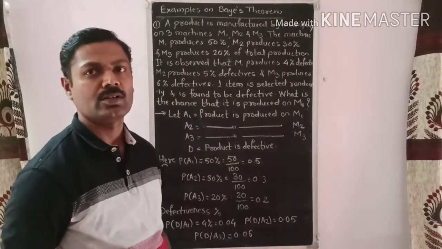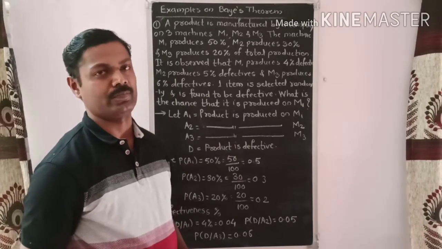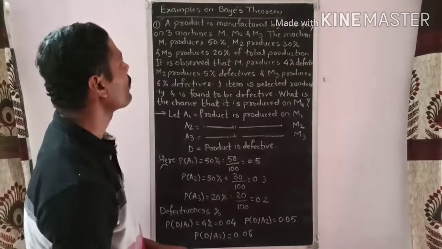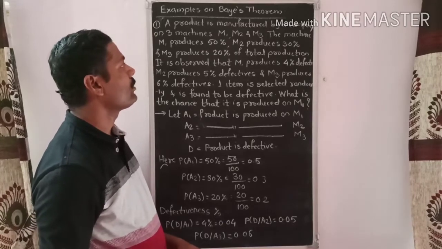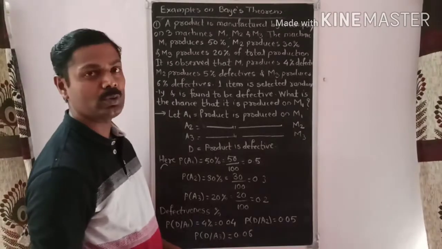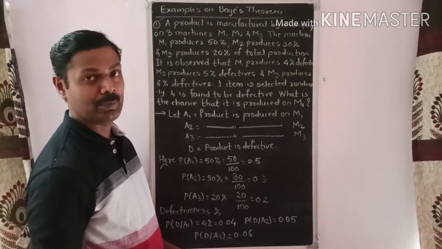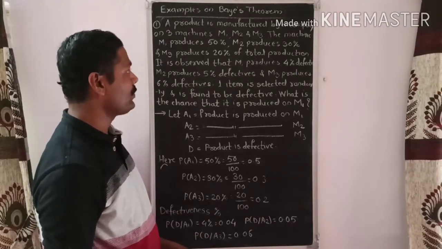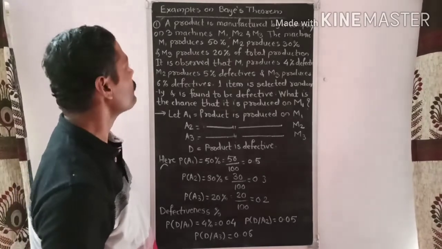Hi students, today we are going to study the examples on Bayes theorem. Let us consider the first example. A product is manufactured by a company which is produced on three machines, M1, M2 and M3. The machine M1 produces 50%, M2 produces 30% and M3 produces 20% of total production.